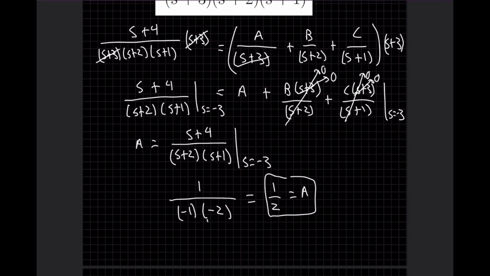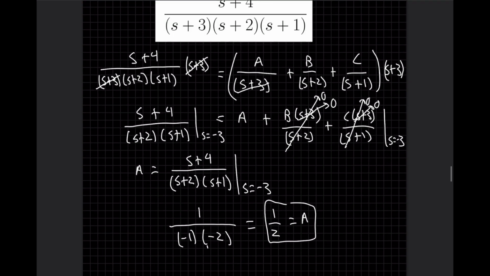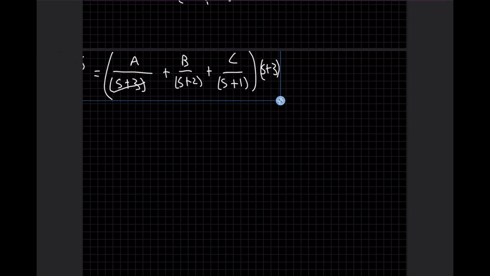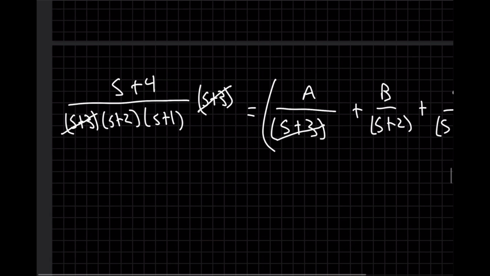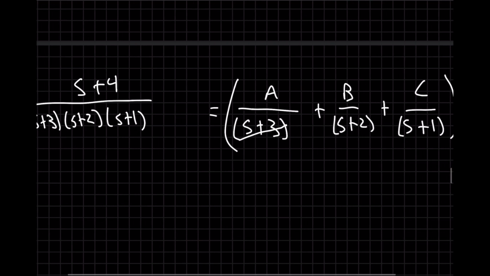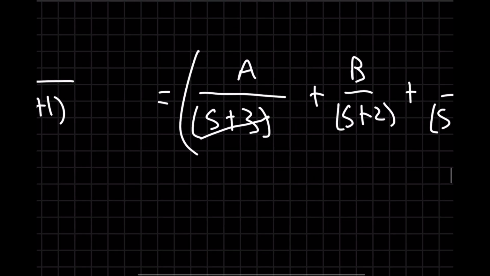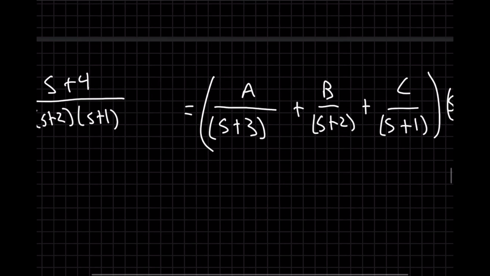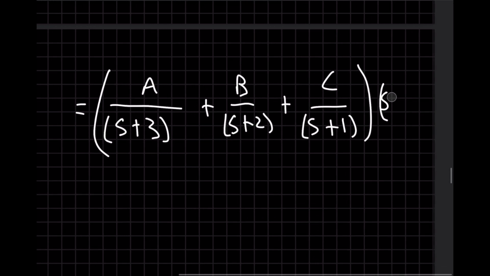So let me go ahead and copy this. Paste it here. But now, instead of multiplying by s plus 3 on both sides, we're multiplying by s plus 2, and we're going to evaluate at s is equal to -2, right?